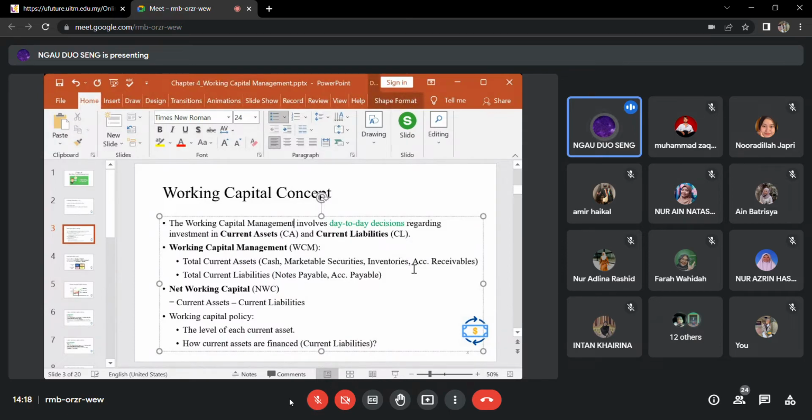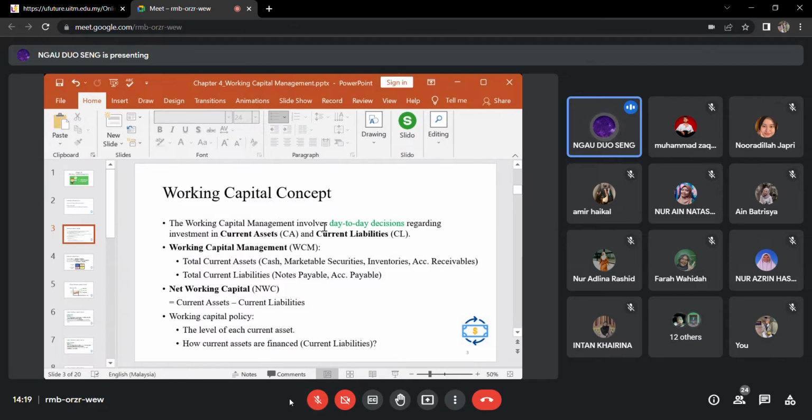Right, working capital management involves day-to-day decisions, right, regarding investment in current assets and current liabilities. So okay, this one we are looking at day-to-day activities. So contoh current asset yang kita guna setiap hari adalah cash, inventory, account receivable.